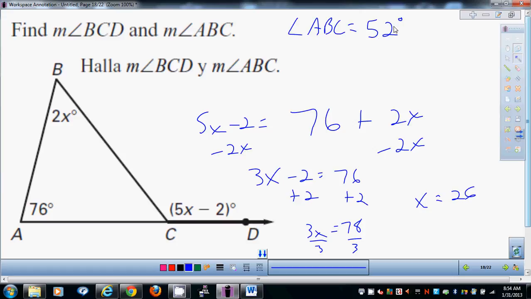Plug 26 into that. What is it? 120. Is that right? Are you sure? All right, it is. It's crazy that they're perfectly supplementary.